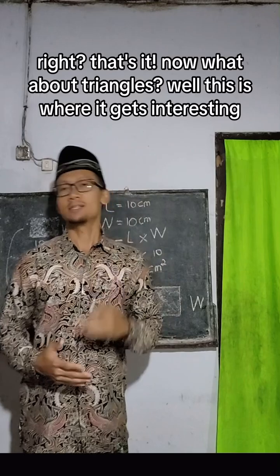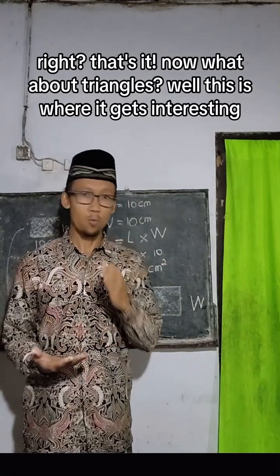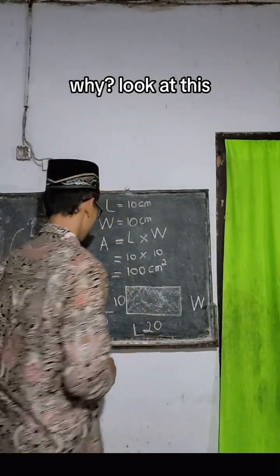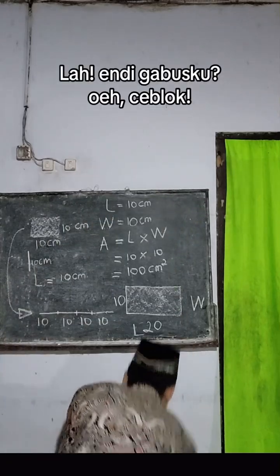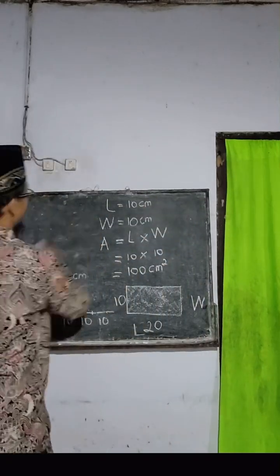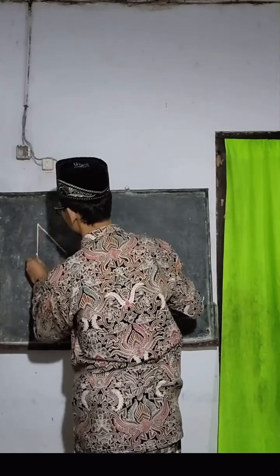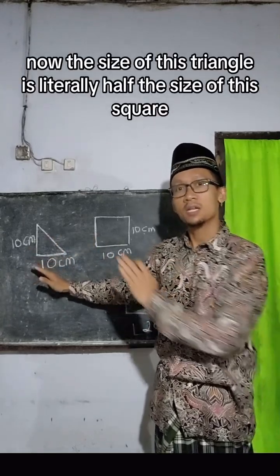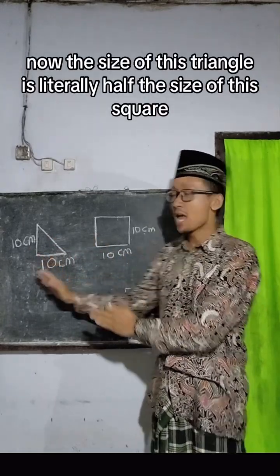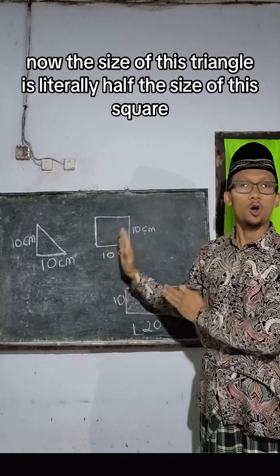Well, this is where it gets interesting. Why? Look at this. Now, the size of this triangle is literally half the size of this square.